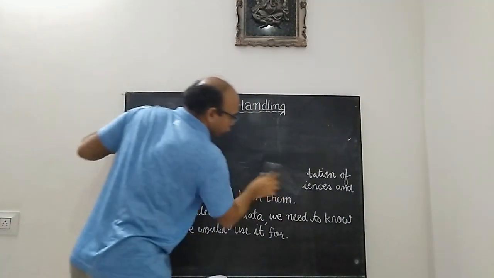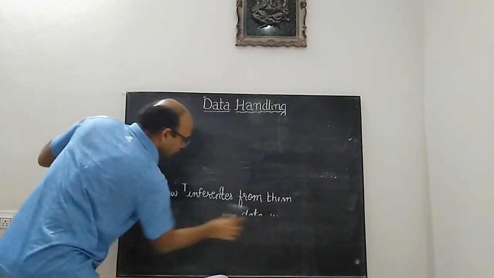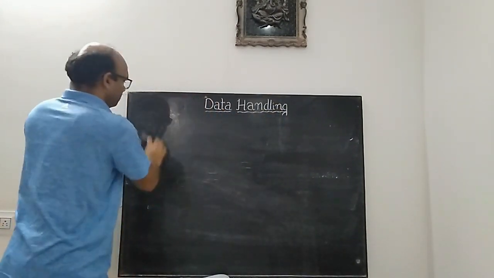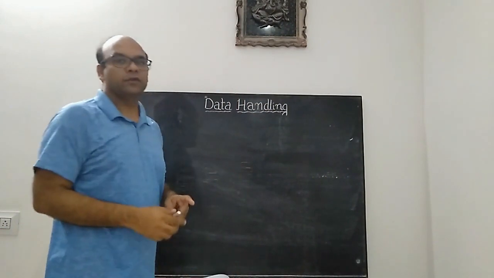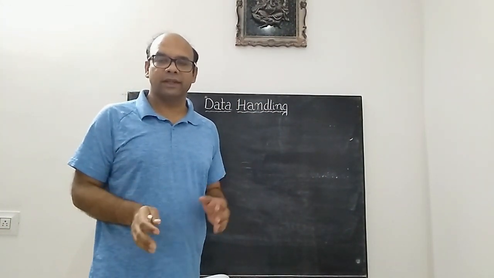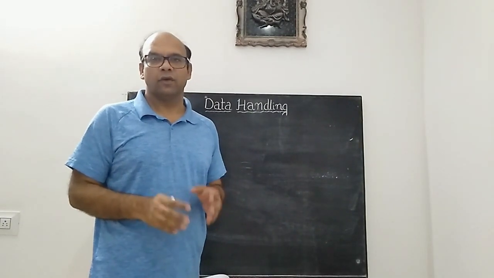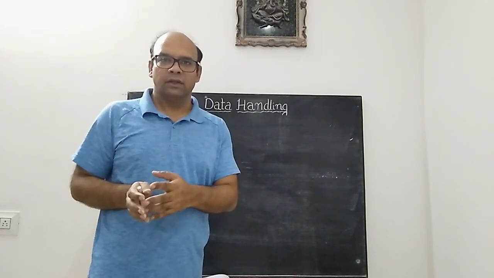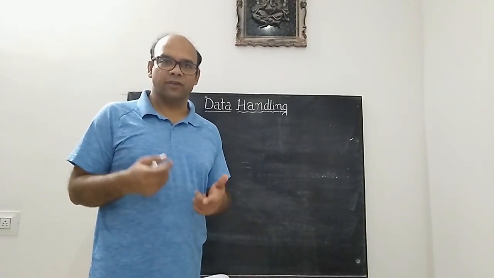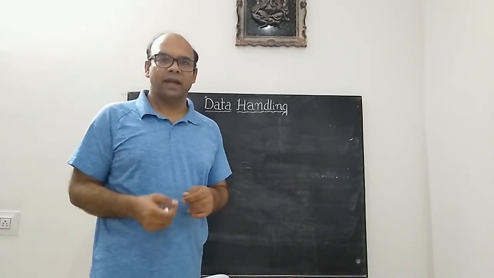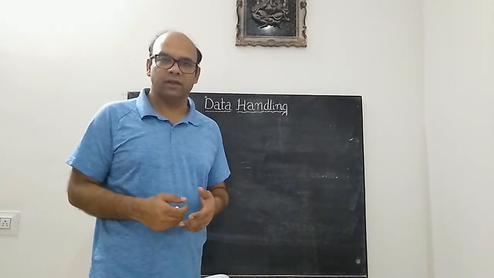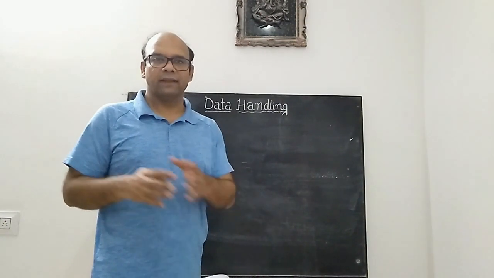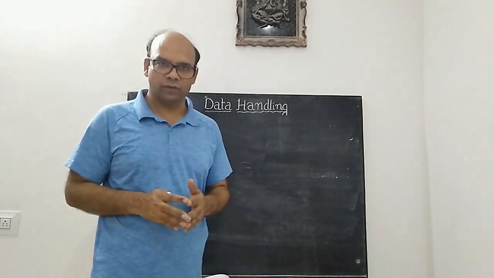Now, suppose you want to collect the information regarding the height and weight of the students of your class. What do we do? We generally take a weighing machine and an inch tape, and with the help of that we take the weight and the height of the students.